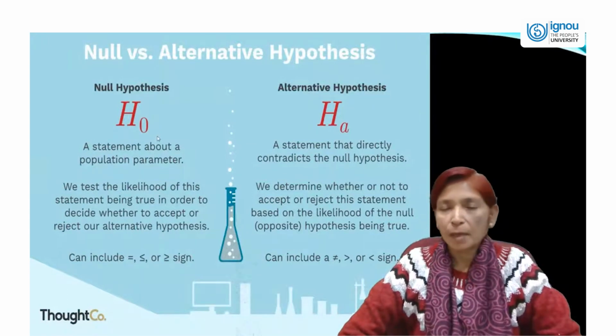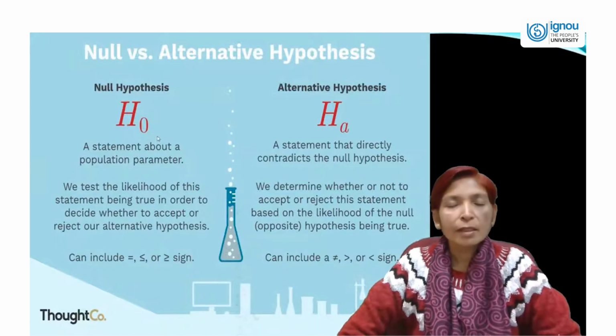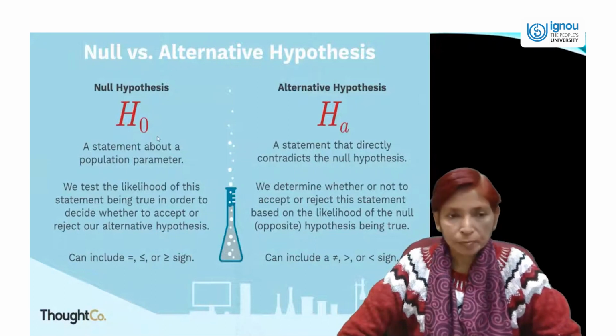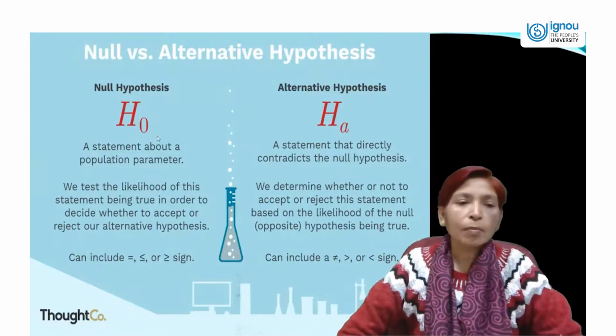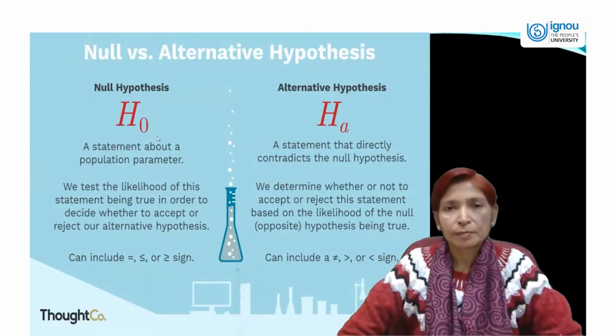H means hypothesis and it's the null hypothesis. Null means 0. That's why we write the null hypothesis as H0. And it is just a statement about a population parameter.